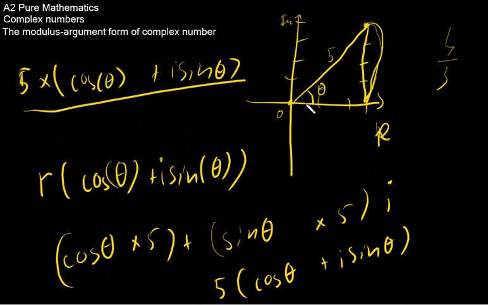And if we know these two lengths, we can find the angle by using tan. There are a lot of implications from this formula, and that is basically the idea of the modulus argument form of a complex number.